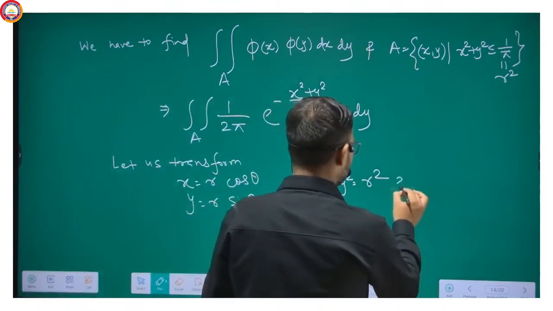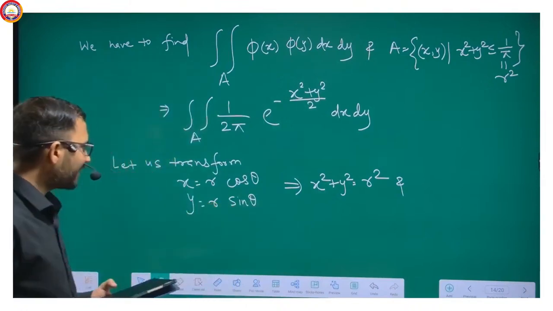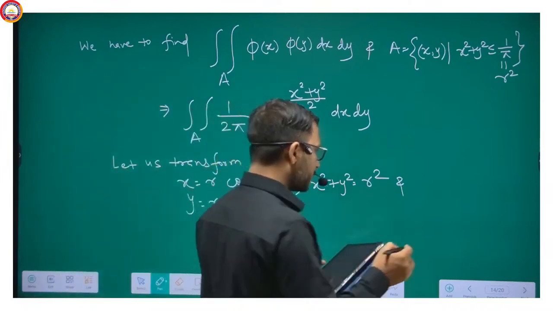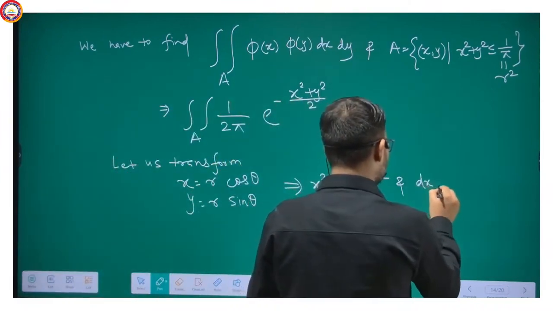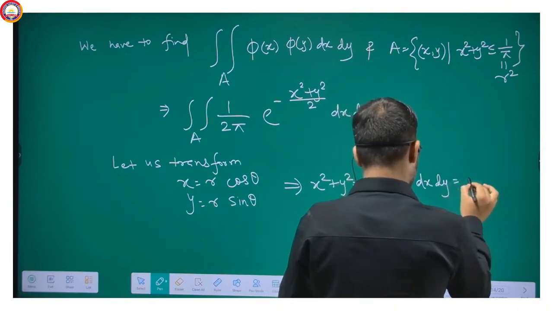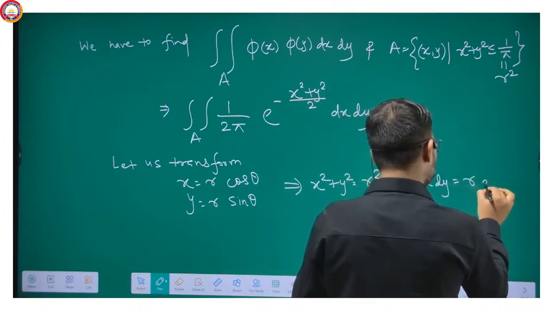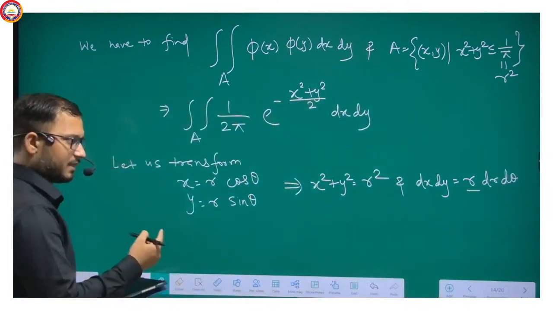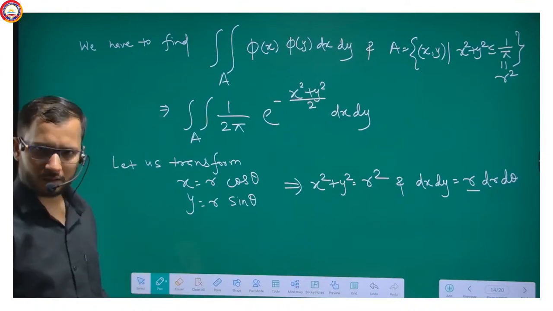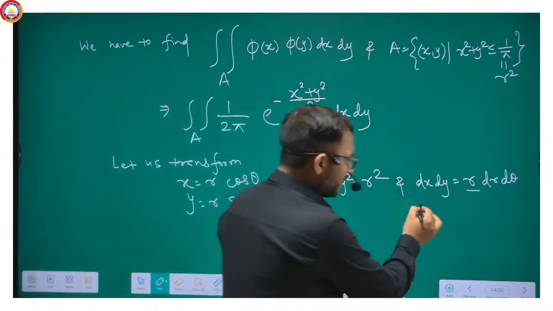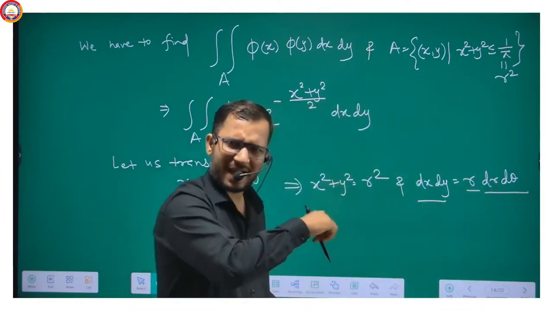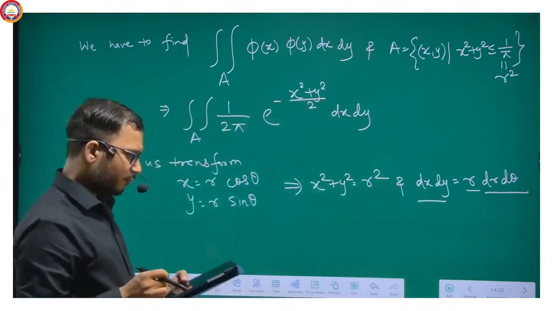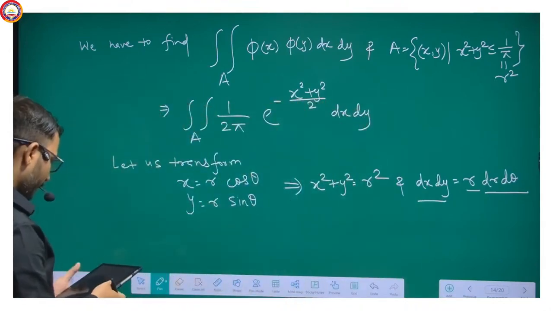And if we take the Jacobian of it, then it will give us dx dy equal to r dr d theta. That means the Jacobian will be r. Getting my point? So yes, this is the case here.